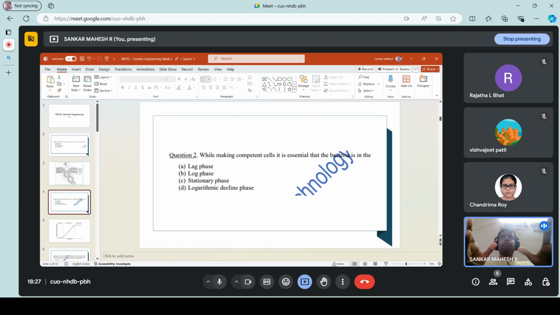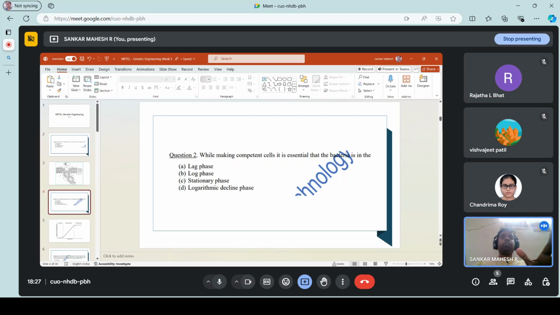I'll give you the practical idea as to why it is essential. So, like you mentioned, log phase is the right answer. In log phase, you have cells in a particular optical density such that their actual doubling time is 20 minutes, meaning every 20 minutes you will have one generation of cell. From one cell, you'll get two cells, and so on.